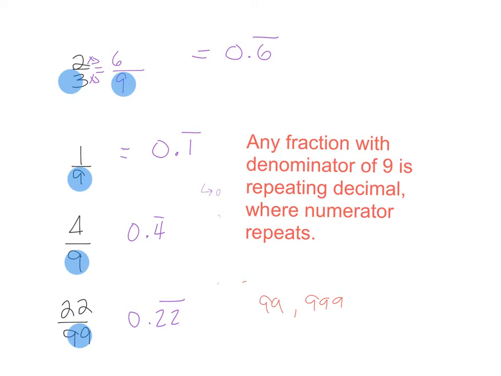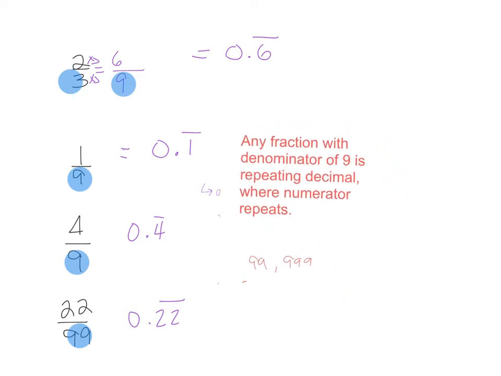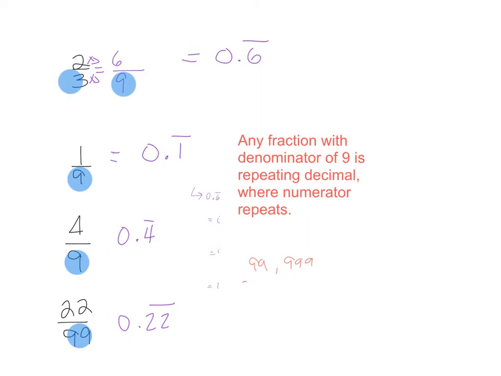If you know that the denominator is 9, or the denominator is something that can be changed into 9, or 99, or 999, or 9,999, then the numerator repeats. Now, the key is remembering that there are certain numbers that can be changed into one of those.